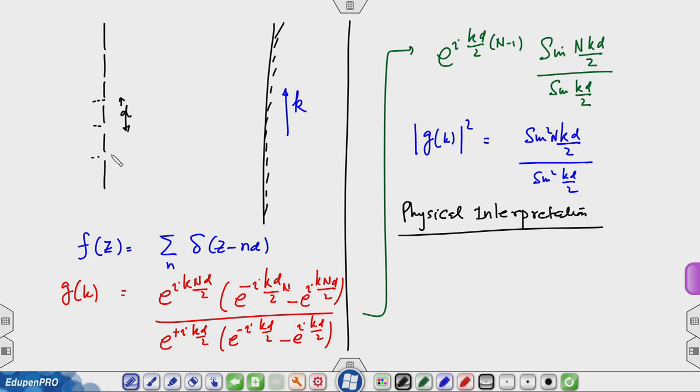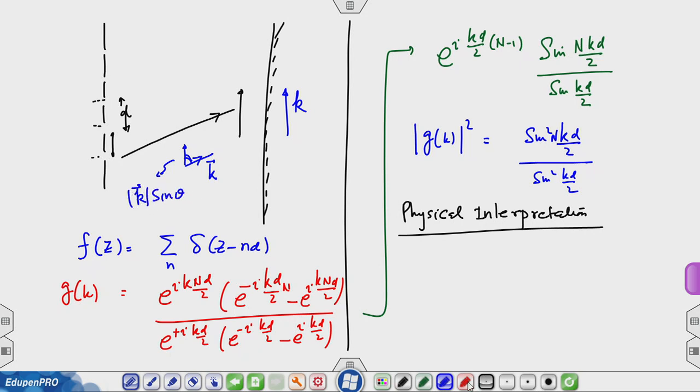From here, from each distance d, when the wave is traveling, and I am taking k in this direction, this is nothing but the original k and its component in this direction, which is nothing but k sin theta.